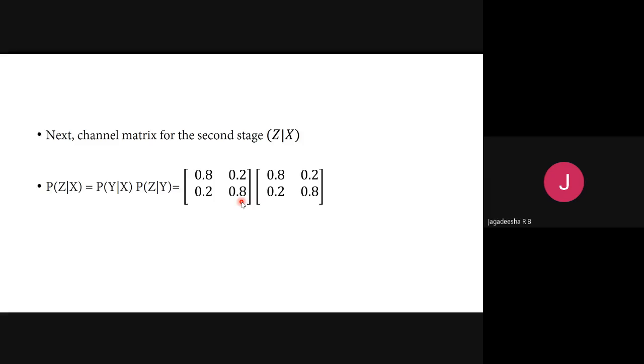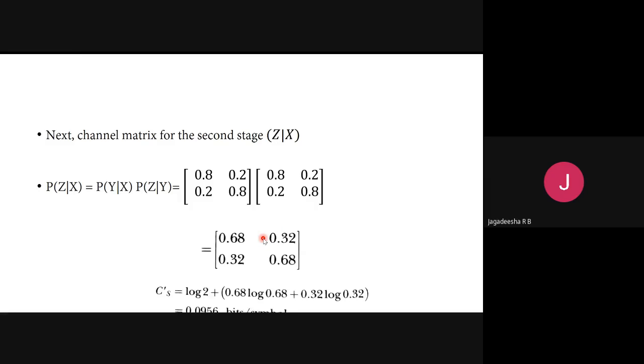Okay. So this is again a simple matrix multiplication. It gives us this value. We just multiply this row, this column, and you get 0.68, right? We will find just one value: 0.8 times 0.8 is 0.64, 0.2 times 0.2 is 0.04. So 0.64 plus 0.04 is 0.68. Similarly, you just multiply, and you should get the probabilities between X and Z. And then find the channel capacity.